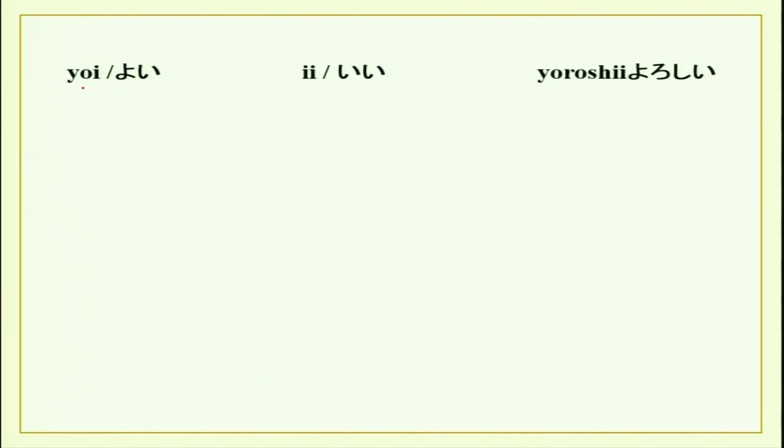Now, ii desu and yoroshii desu ka, very, very polite. Ii is normal. Generally, you would say, ii desu ka, daijoubu desu ka. So, that is informal, and yoroshii desu ka is very, very formal.